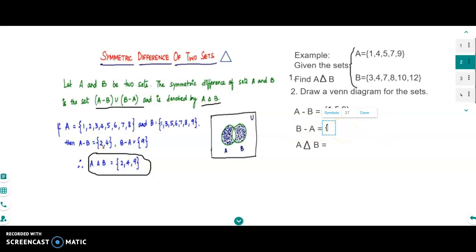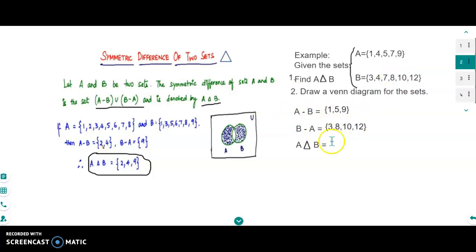The elements that are in B and not in A. Let's start one by one. 3 is only in B, not in A, so we write 3. 4 is included in both sets, so it will not be here. 7 is in both sets. 8 is only in B, so we write 8. 10 is only in B, so we write 10. And 12 is only in B, so we write 12, okay? And that's it. We already have A minus B and B minus A.